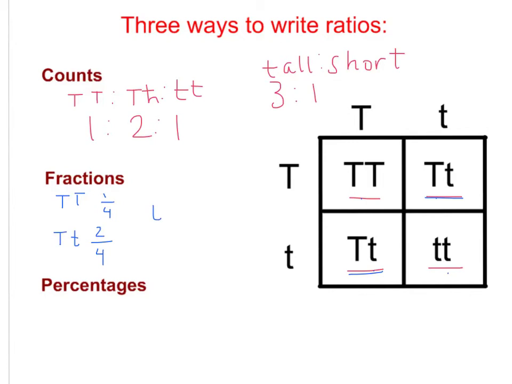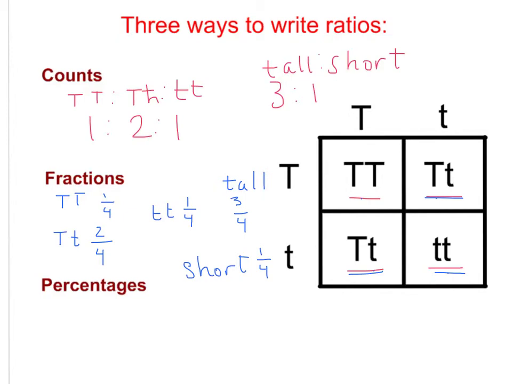And then for the homozygous recessive, we only have 1 out of 4. And then the same with our phenotypes. We could say tall would be 3 out of 4, and short would be 1 out of 4. And that would be one way of interpreting the results and writing the ratios in fraction form.